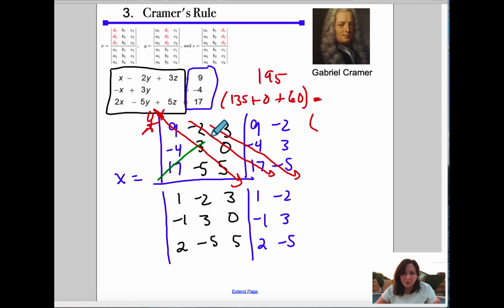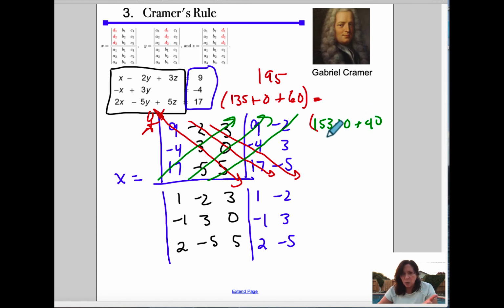17 times 3 times 3. So 17 times 9. 153. So we have 153 plus negative 5 times 0 times 9, 0. So that's gone. Plus 5 times negative 4 times negative 2. So that's what? 5 times 8, which is 40.